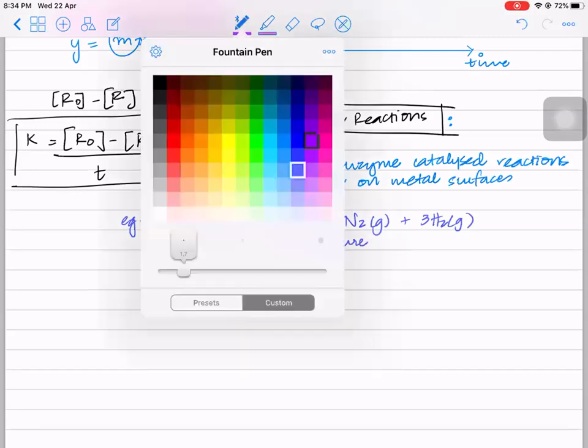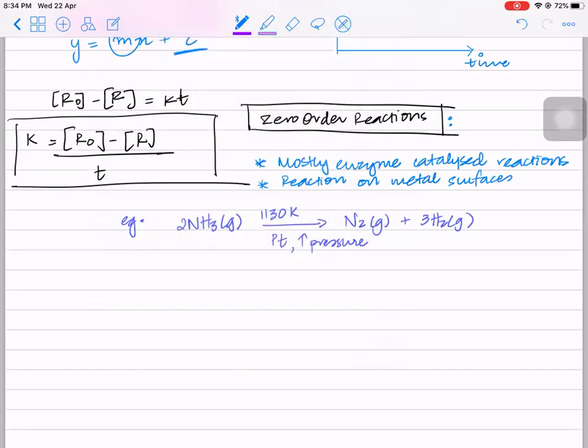Since this reaction is happening on a metal surface, no matter how much ammonia you have, it will not really affect your rate. The limiting factor here is your metal surface. No matter how much more ammonia you keep adding, there will be no change in rate, because it depends on the metal surface.